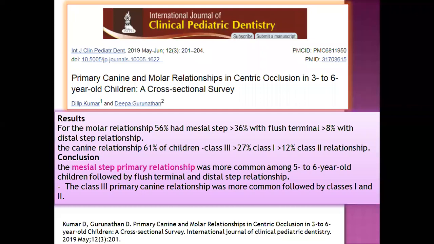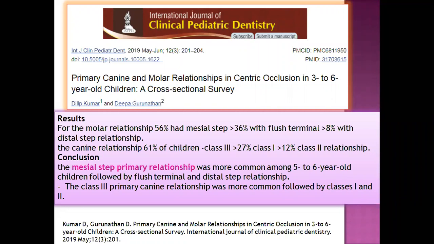The result of this study showed that in molar relationship, 56% had mesial step, 36% flush terminal and 8% distal step. And in canine relationship, 61% of the children had class 3 canine relationship, 21% had class 1 and 12% had class 2.